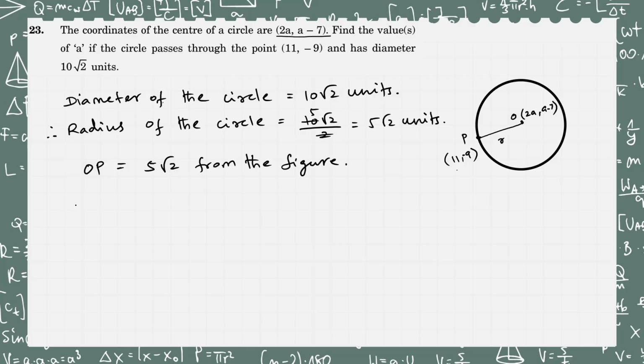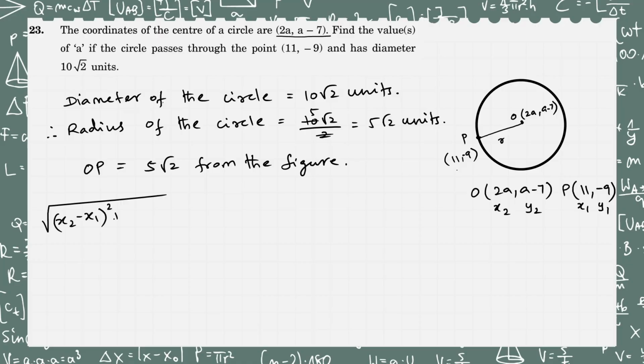So let us find the distance between O and P. Point O is (2a, a minus 7). Point P is (11, minus 9). I am taking this point as x2, y2 and this point as x1, y1. So, square root of (x2 minus x1) whole square plus (y2 minus y1) whole square, that is the distance between O and P, right? That should be equal to 5 root 2.